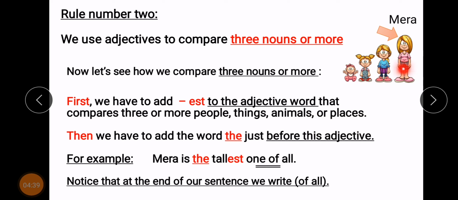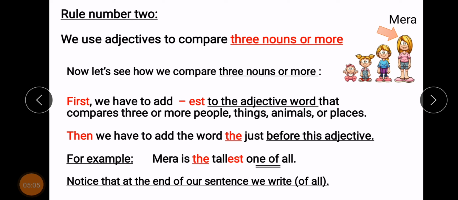So here in this picture, we have girls. And we said that girls is a noun for people. So we are going to compare people. But here we have more than 2 girls. We have 4 girls. So I'm going to talk about only 1 girl comparing it with all the other girls.